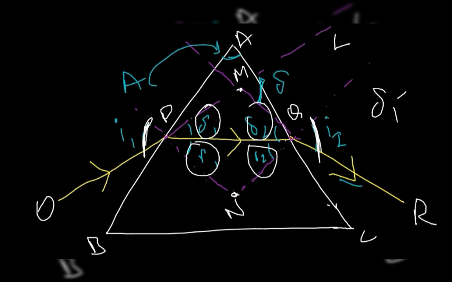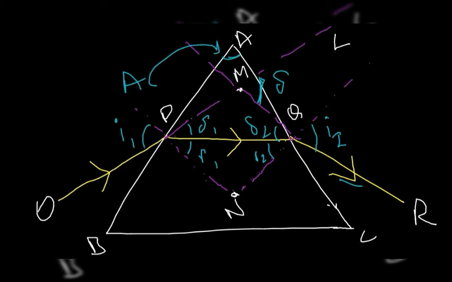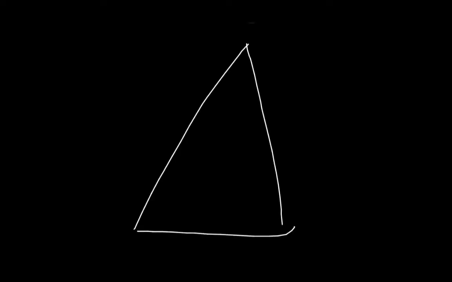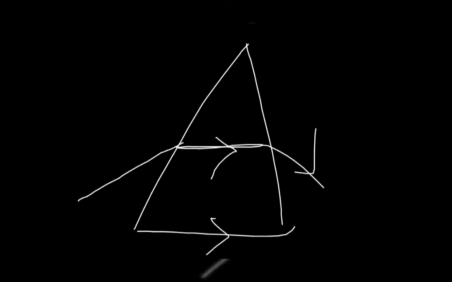Now if we take a 60 degree angle, if A is 60 degree, remember, if A is 60 degree and delta minimum is going on, then the light ray will pass parallel to the base.